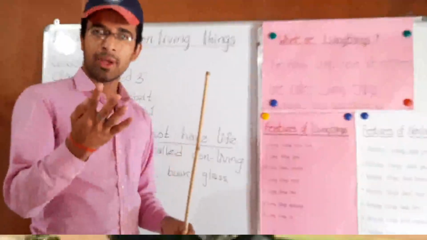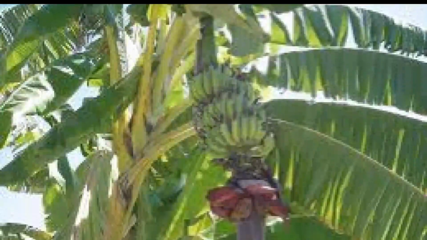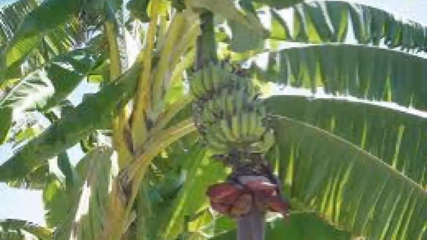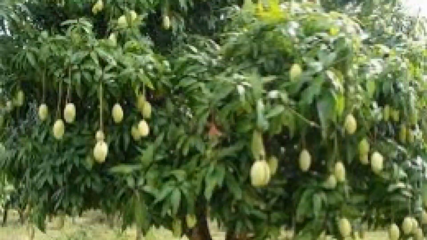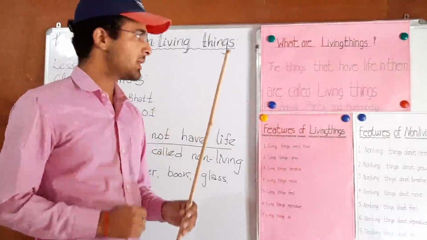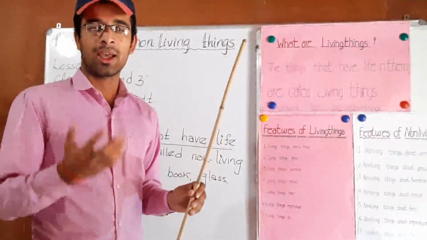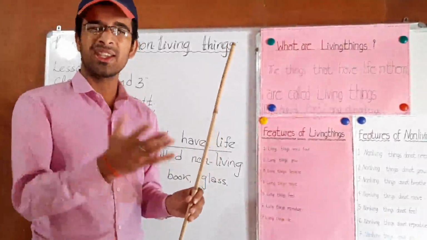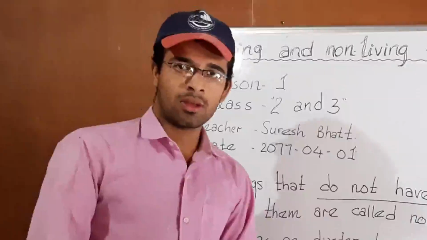Plants like a peepal tree, banana tree, mango tree. All trees are examples of plants. And human beings, we all are human beings. Female, male, these are all examples of human beings.